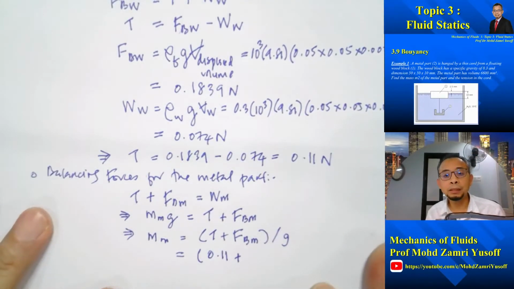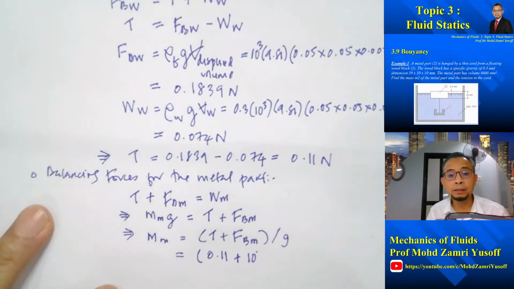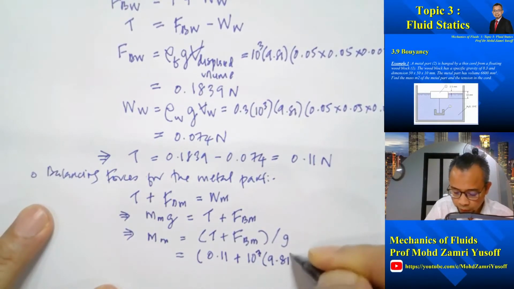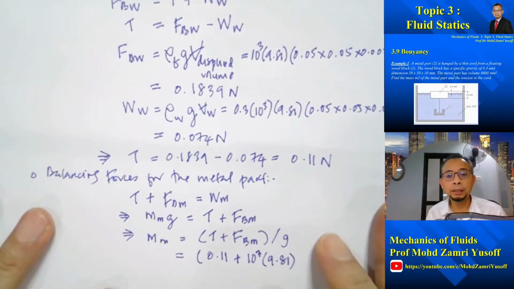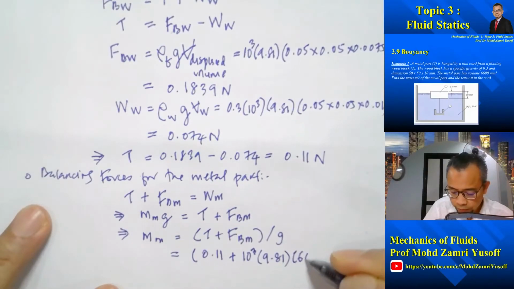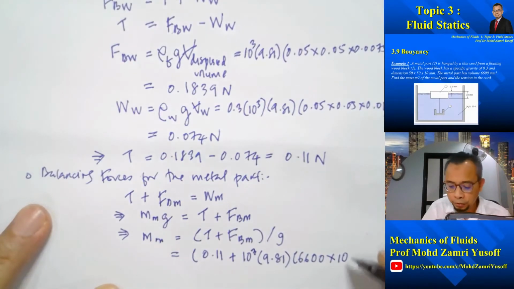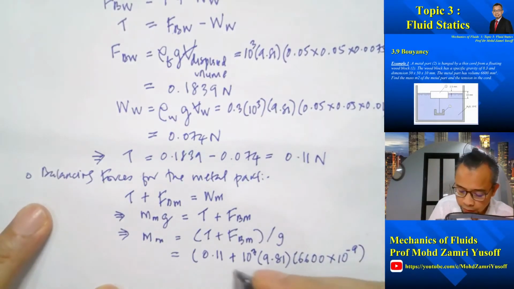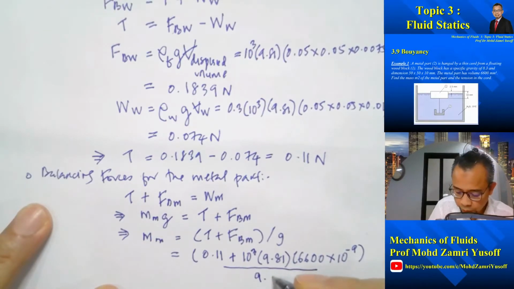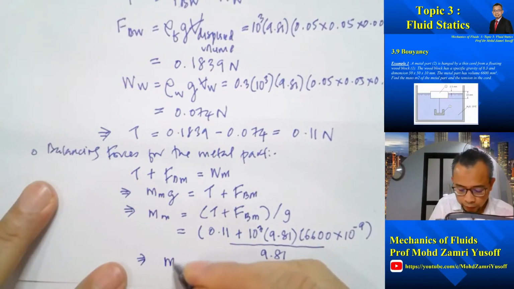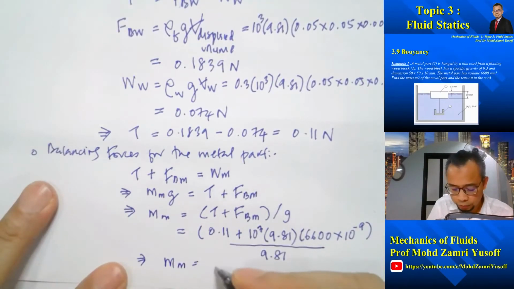F buoyancy metal is just equal to the density of water, 10 to the 3, times 9.81, multiplied by the volume of the metal. It's given as 6600, changed to meter cube, so times 10 to the minus 9, divided by 9.81.